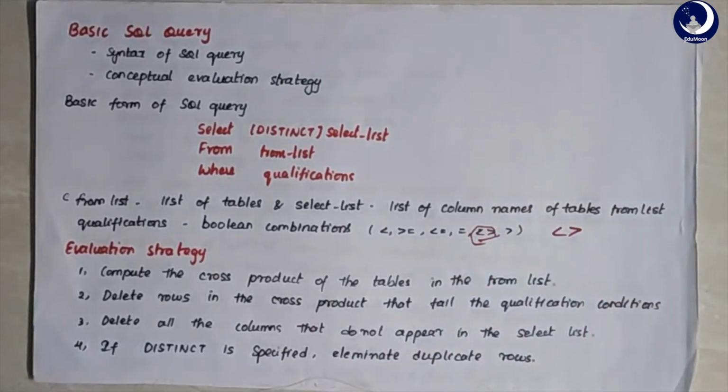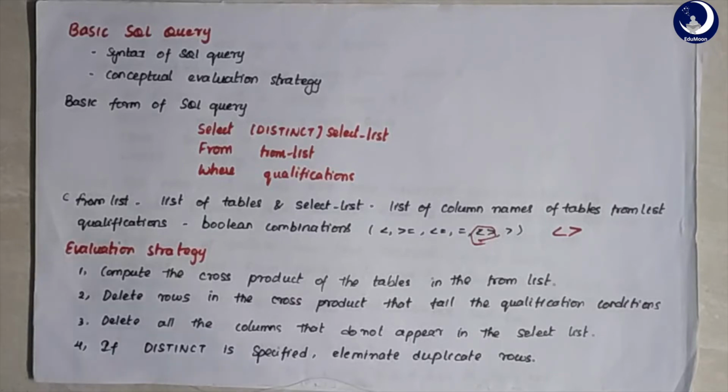Now that we know the syntax, let us look at how you actually evaluate a particular query. First, from the from list, you will be selecting the tables you want. Once you have selected the tables, if we have two tables, then we'll combine those two tables by performing a cross product.